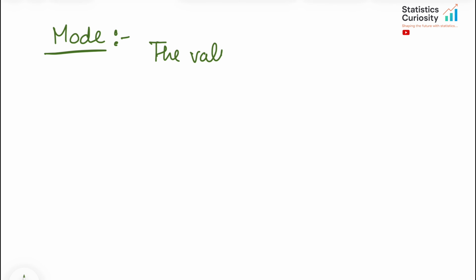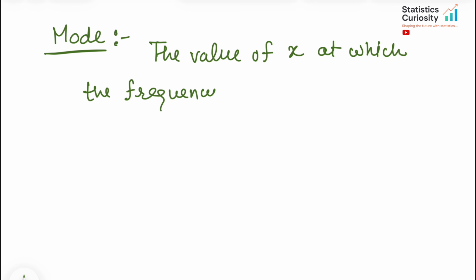Now we will prove the mode of the distribution. We know that the mode is the most frequent value, or the value of x at which the frequency is maximum. And at the value at which frequency is maximum, the PDF will also be maximized.